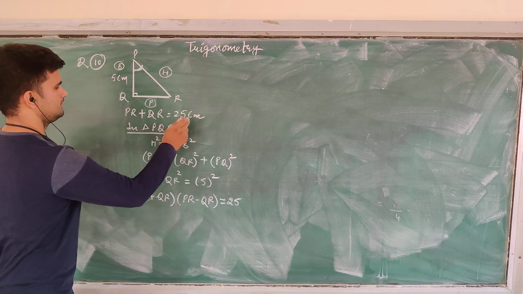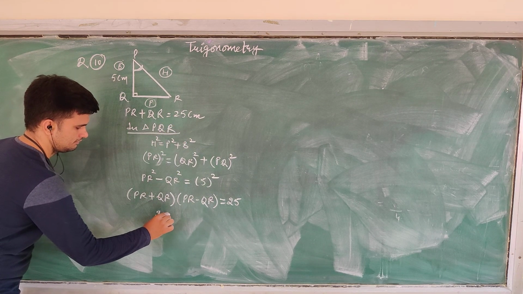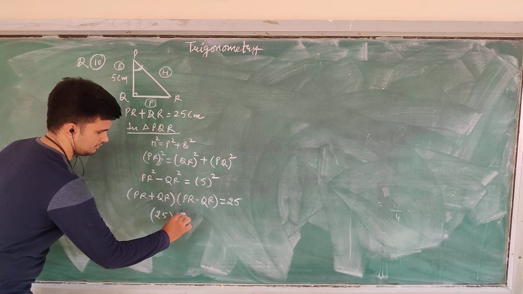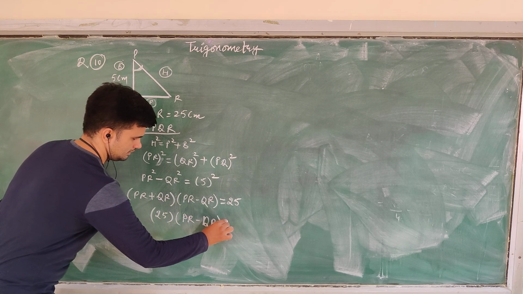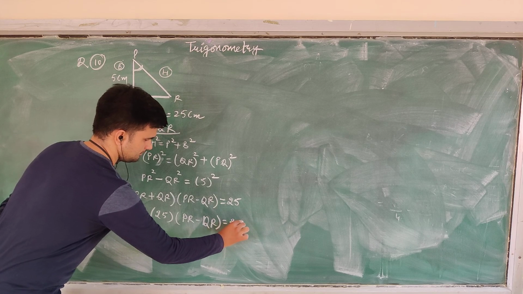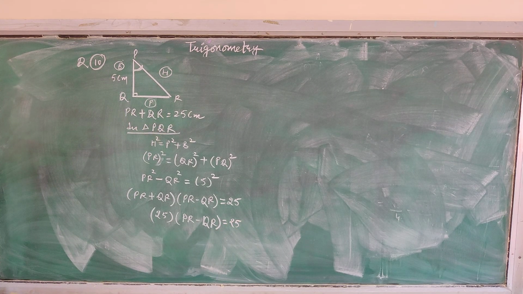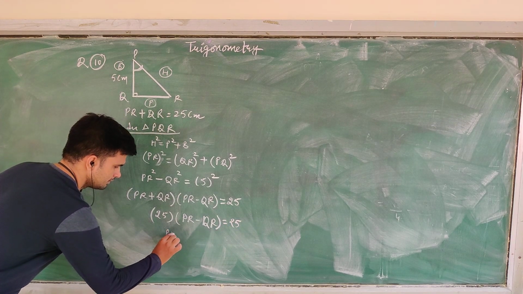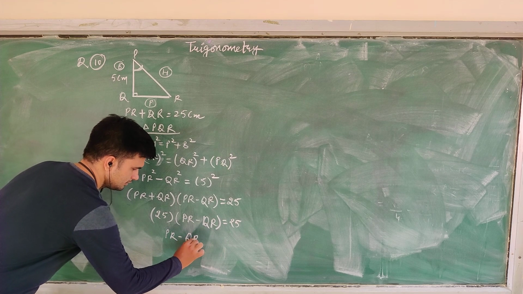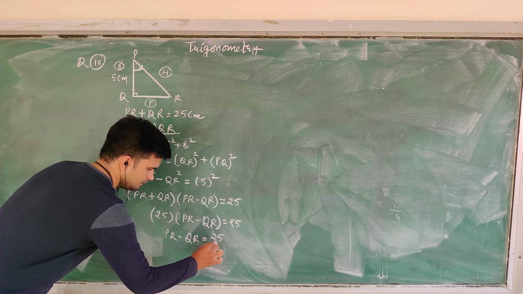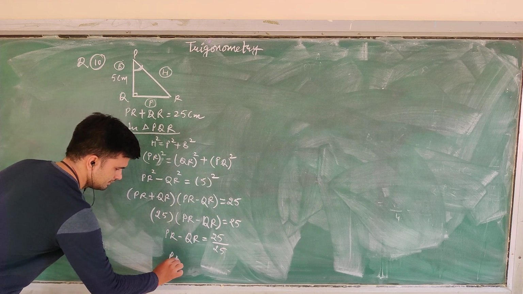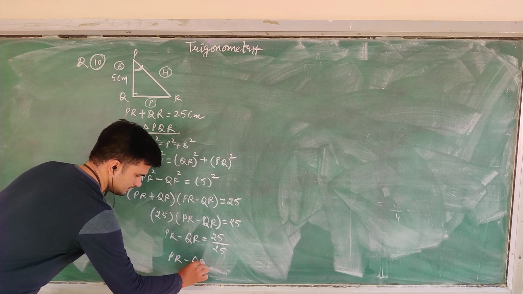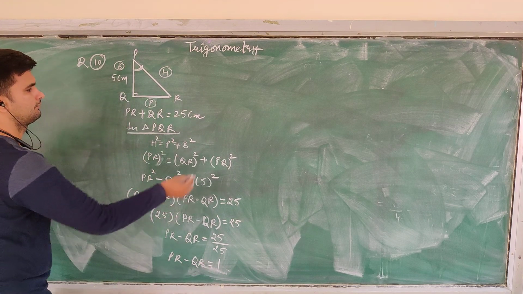Now PR plus QR is equal to 25, into PR minus QR is equal to 25. So PR minus QR is equal to 25 divided by 25. This term is multiplying, here it will divide. PR minus QR is equal to 1.